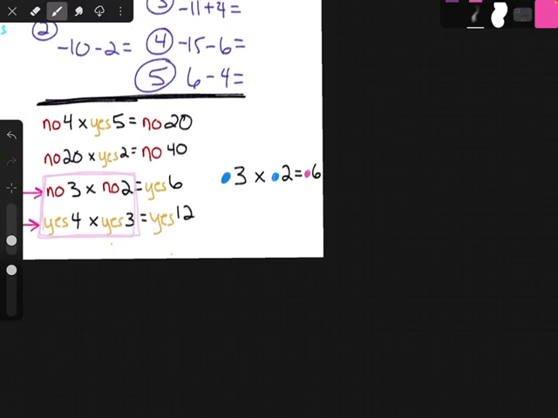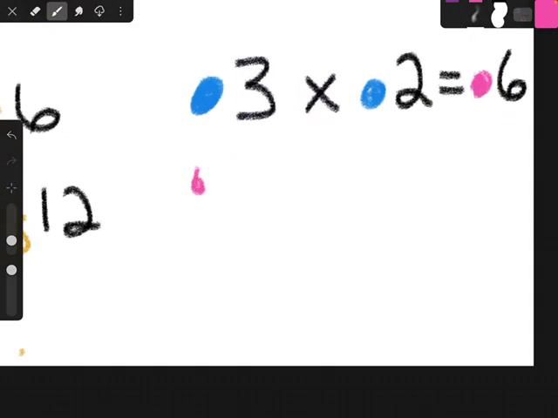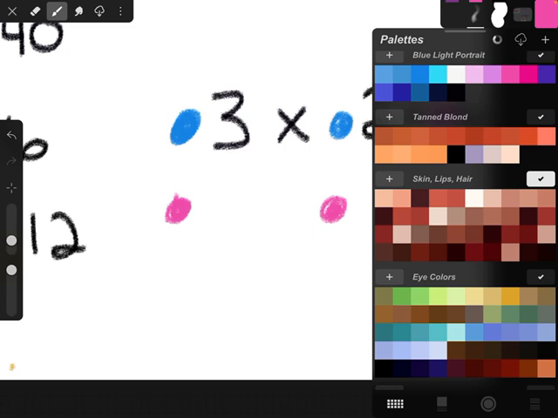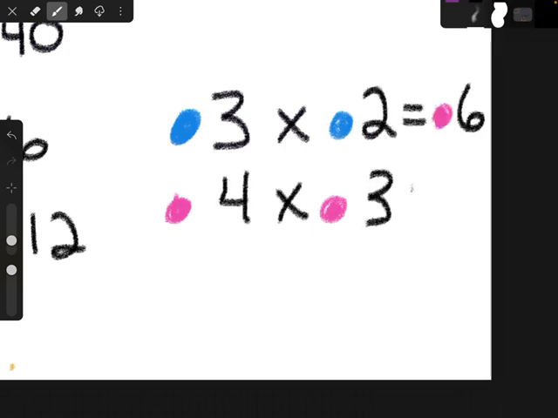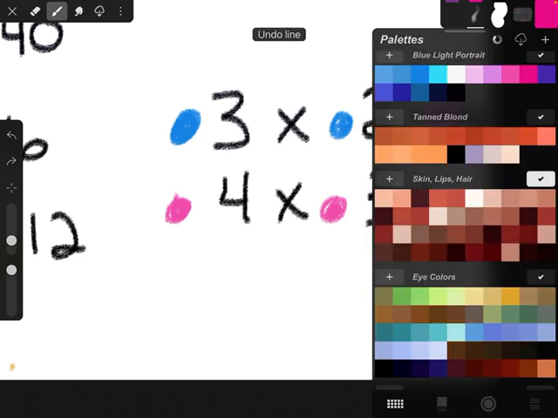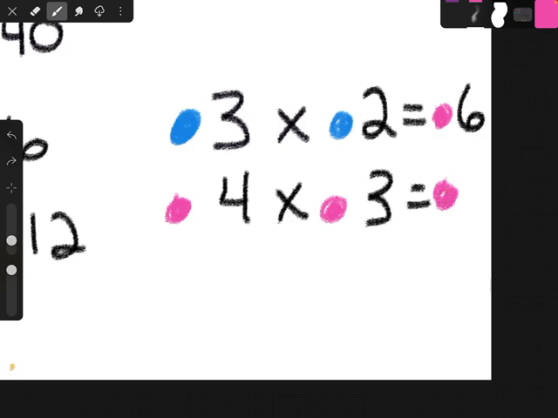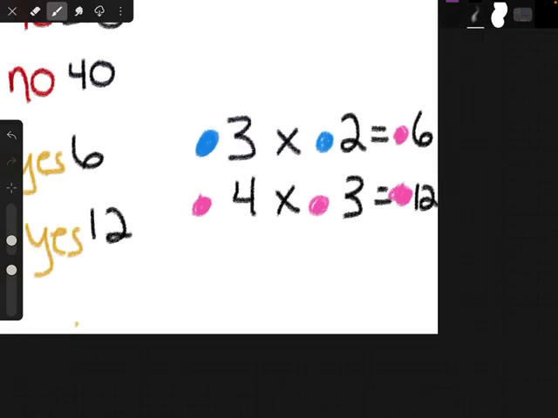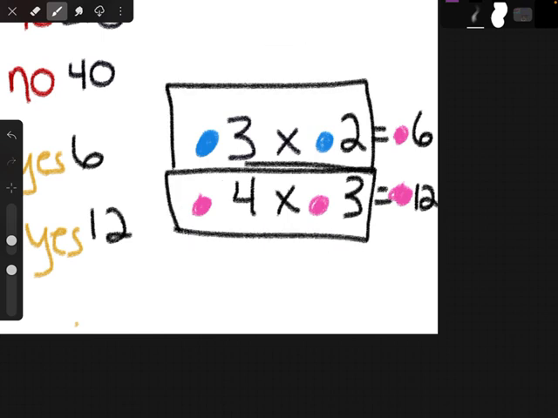And if I said yes times a yes, right, and that's 4 times 3, equals yes. Oh, that is not the same pink. All right, it was this one. Right? Do you guys see the pattern? These are the same colors. These are the same colors. And it's like everything that's multiplied by is going to be the same color.